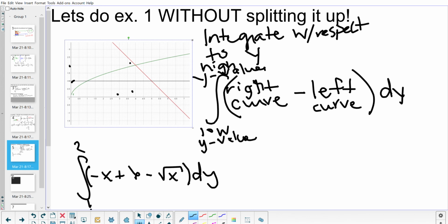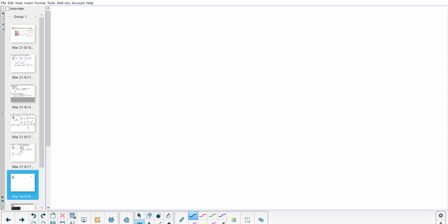We have to actually write our functions in terms of y to be able to do this. So what would the line y equals negative x plus 6 be in terms of y?